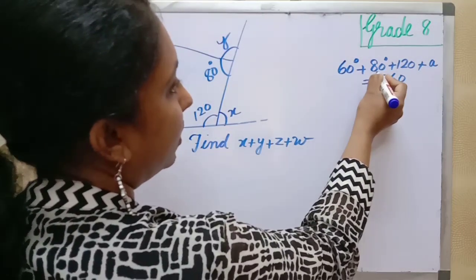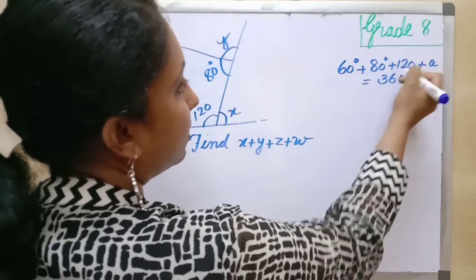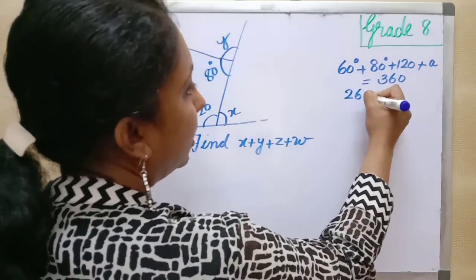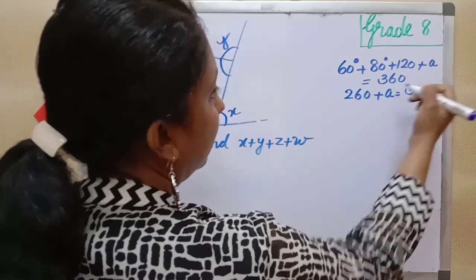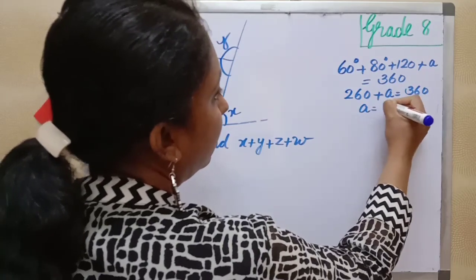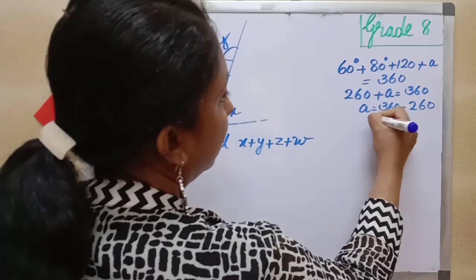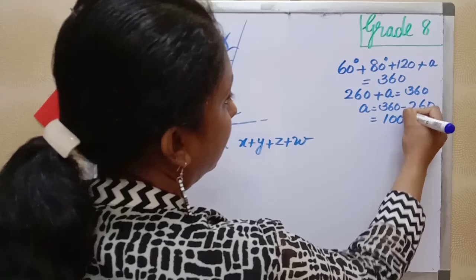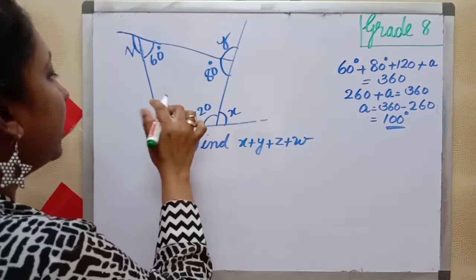That means 60 plus 80 is 140. 140 plus 120 is 260. Plus A is equal to 360. A is equal to 360 minus 260 is equal to 100 degree. So A we got 100.